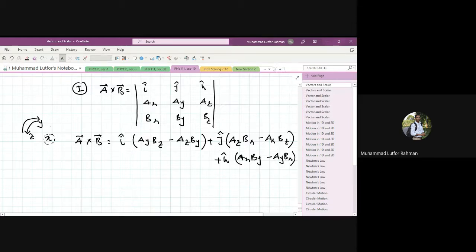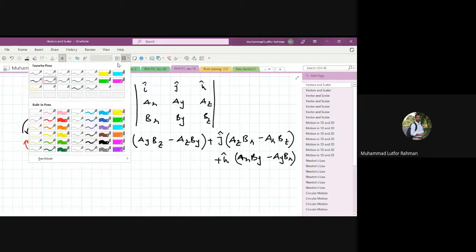When I write ay bz, I'm moving in the counterclockwise direction, so I use the positive sign, because that's the convention. Moving counterclockwise is positive, and moving clockwise is negative. So az by gets a minus sign. For the y component, I write z bx minus ax bz.